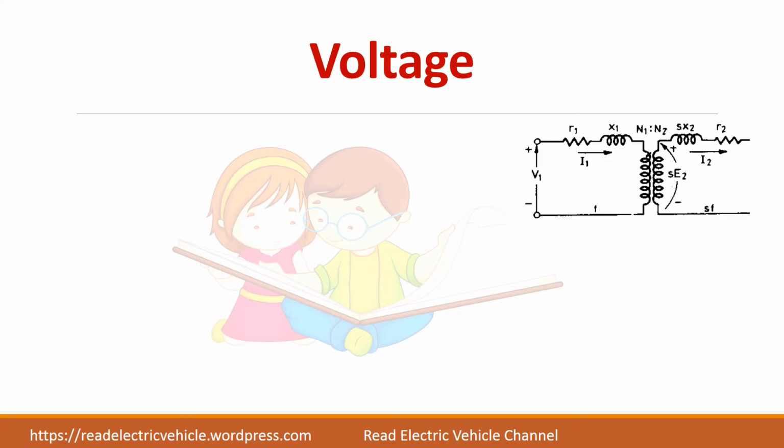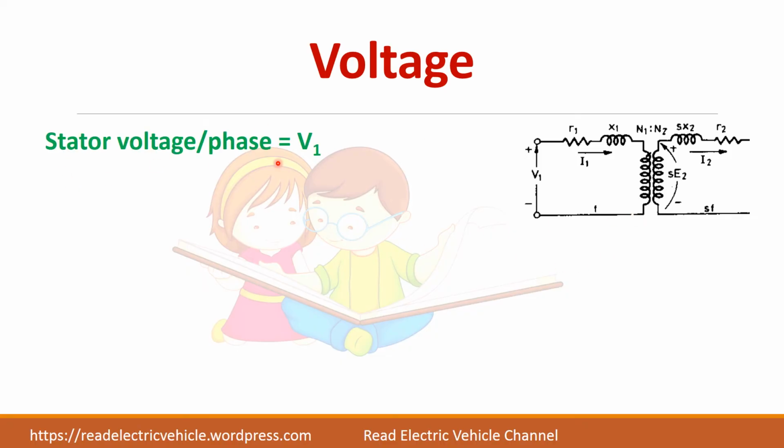So we have to derive the torque equation for this one. For that, first of all we will take the equivalent circuit which we have already studied in electrical machines. For induction motor you might have studied how to draw the equivalent circuit. Same procedure. I have given all the equations which are necessary for deriving the torque equation.